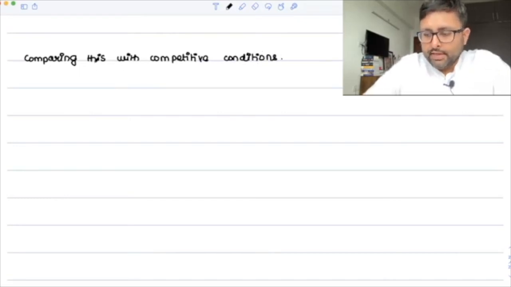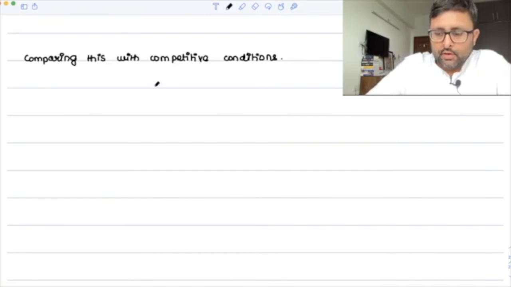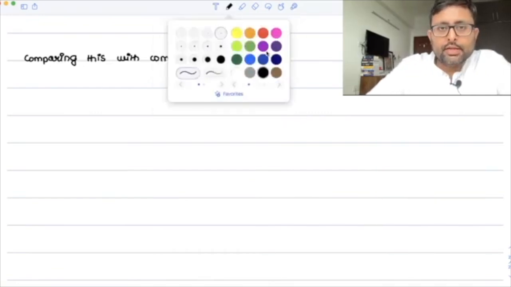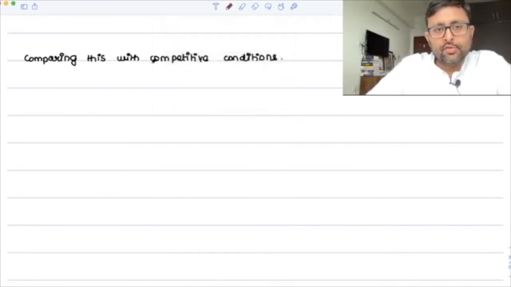In the competitive conditions, you will be choosing that output level which is going to maximize the social welfare, right? So we are comparing it with the competitive conditions.